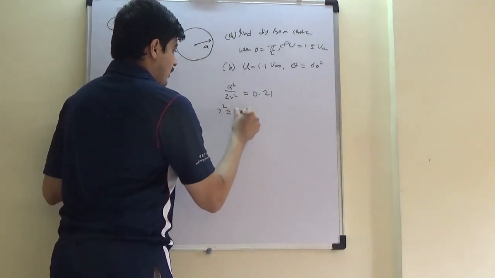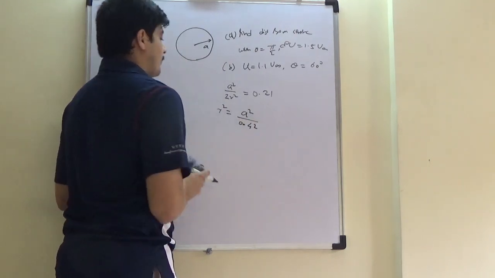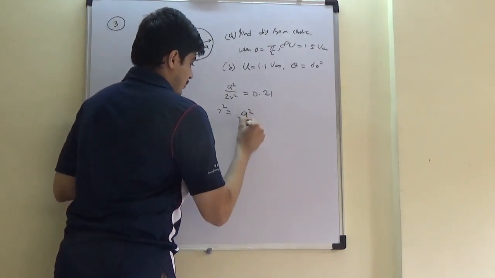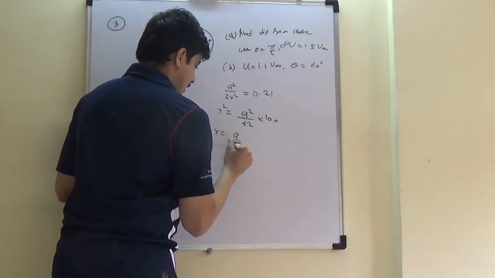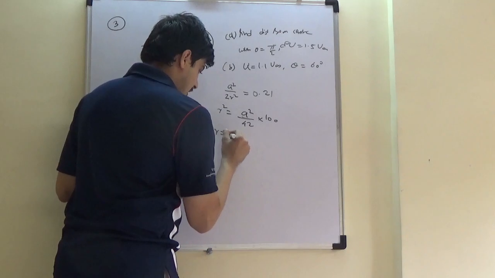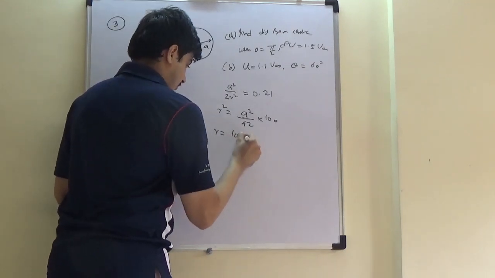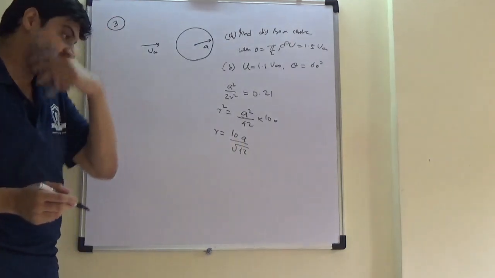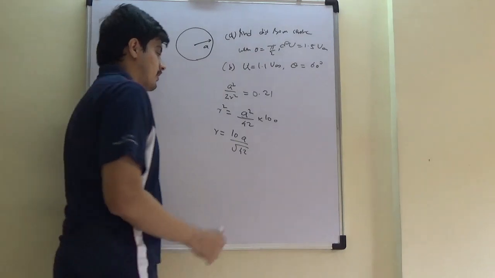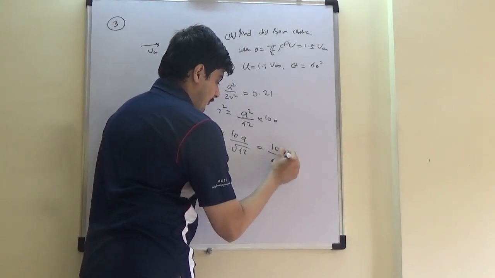So r square is a square upon 0.42, 42 by 100. So r is 10a by root 42. Now root 42, 36 is 6 and 49 is 7. So this will be about 6.5.